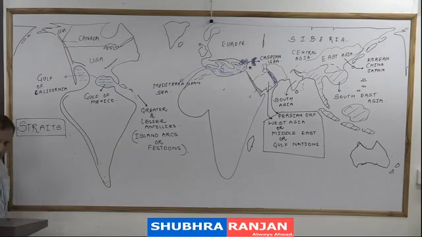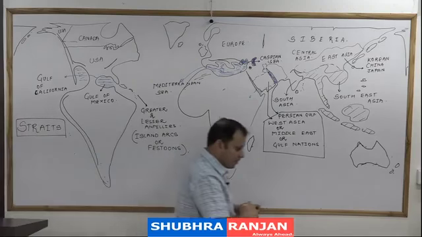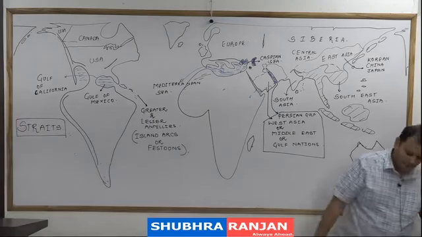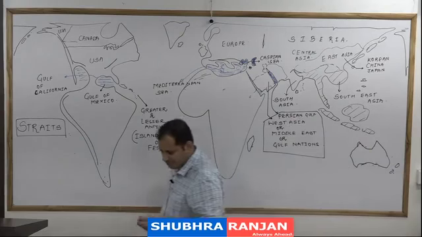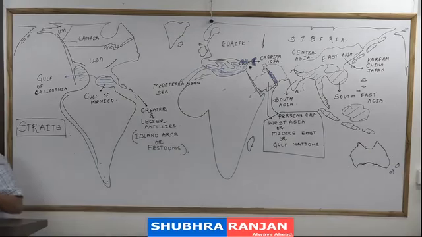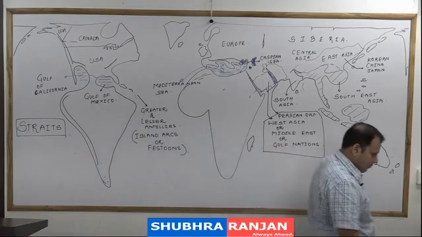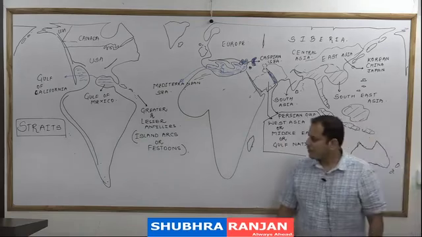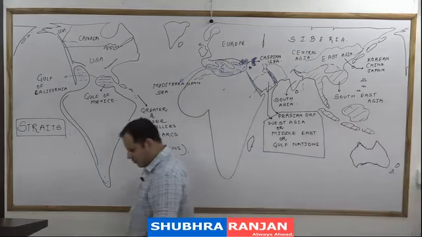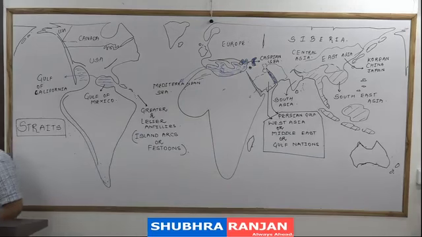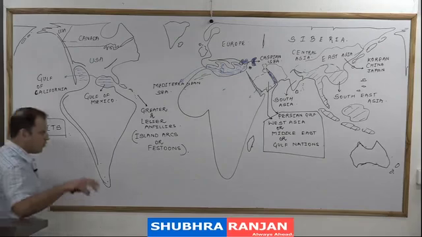So strait, take a technical definition of straits. The strait is a small water body or narrow water body. A strait is a narrow water body which connects two larger water bodies.